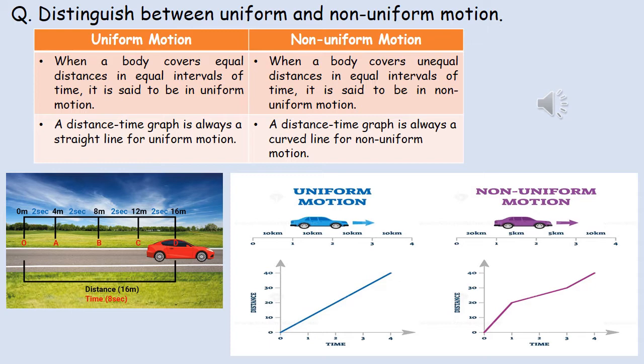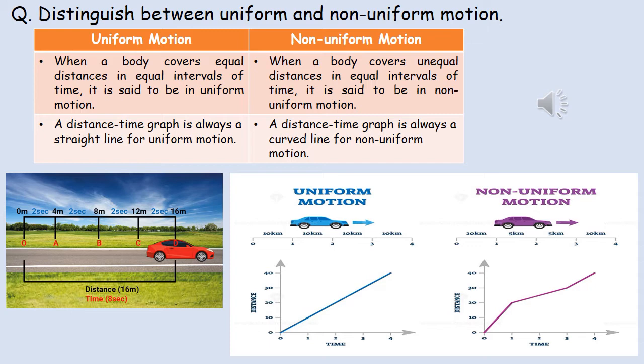Here we can see a few examples given in the figure. In the first figure, the body is traveling an equal distance of 4 meters in every 2 seconds. So in 0 to 2 seconds it is traveling from 0 to 4 meters. Then in the next 2 seconds it is traveling from 4 to 8 meters. In the third 2 seconds it is traveling from 8 meters to 12 meters.